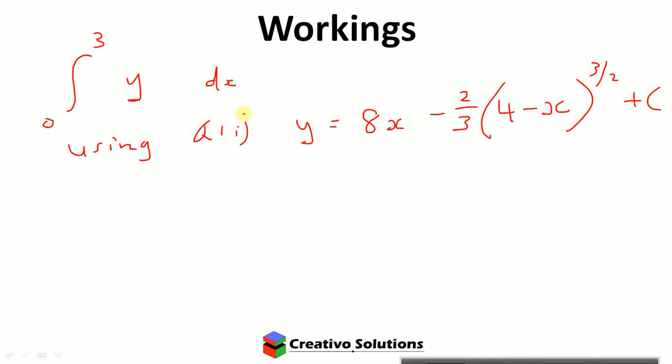Okay, so that was the answer that came from a previous question. So I don't need to redo the integration, we've done it already, I just need to use it.